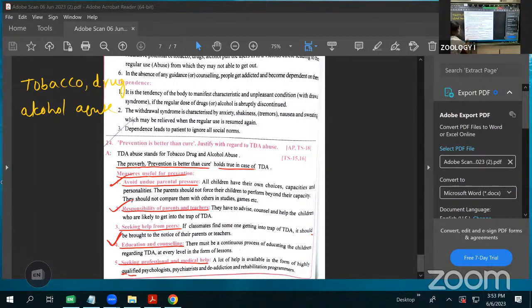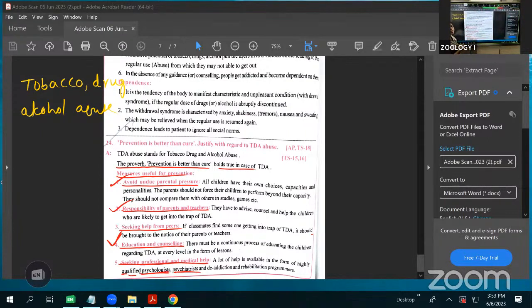Next, seeking professional and medical help. Professionals means psychologists and psychiatrists. We try giving counseling and advice, but if they can't listen, at that time we take professional help through the psychologists and psychiatrists.